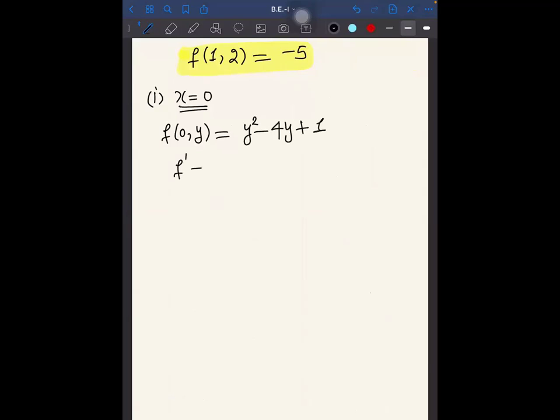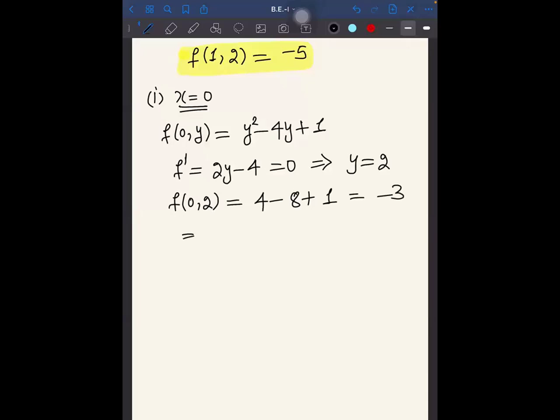So f dash, that's what? 2y minus 4 is equal to 0. So y is 2. So point is (0, 2). So that means 4 minus 8 plus 1. So this becomes minus 3. Yes, sir. So f(0, 2) is minus 3.